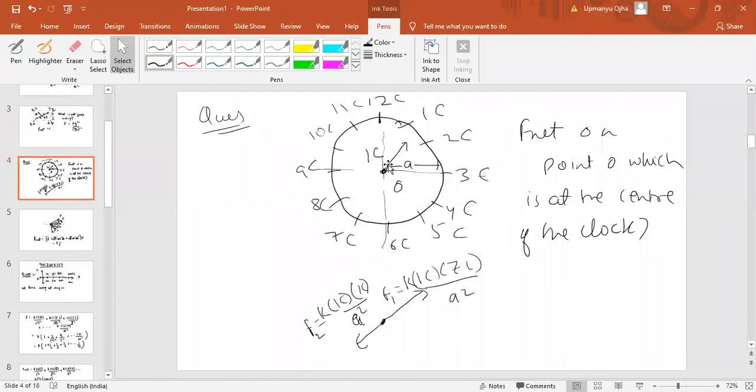Now, since 1 and 7 are exactly opposite each other, the net force acting due to 1 coulomb and 7 coulomb will be 7K by A squared minus K by A squared, which means the net force between 1 coulomb and 7 coulomb is 6K by A squared. Similarly, you go for 2 and 8 coulomb.